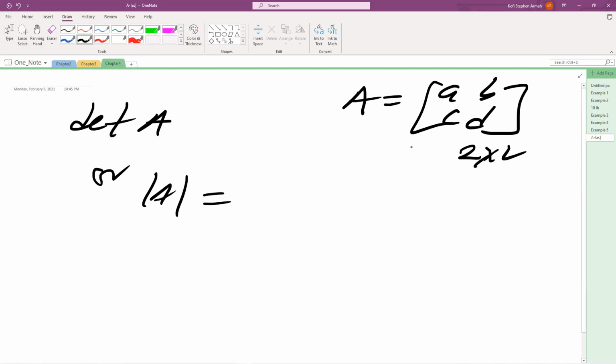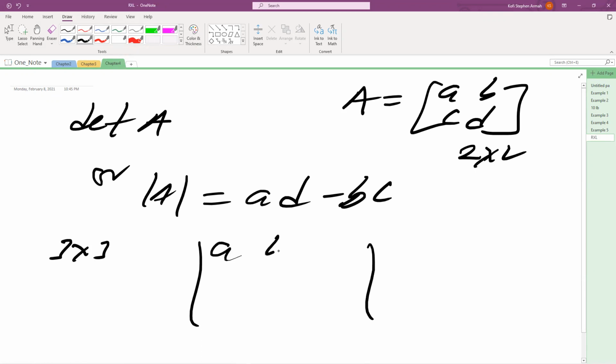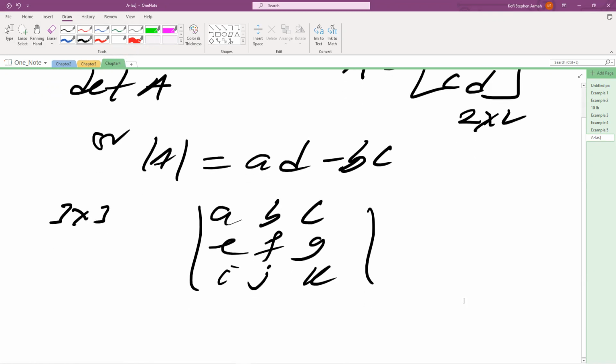You multiply A times D, then minus B times C. But if you are doing 3 by 3, for example with rows A, B, C, then E, F, G, then I, J, K, then some of you learned this in maths.